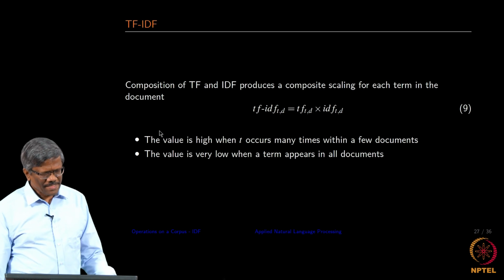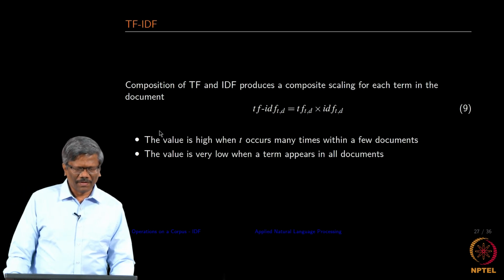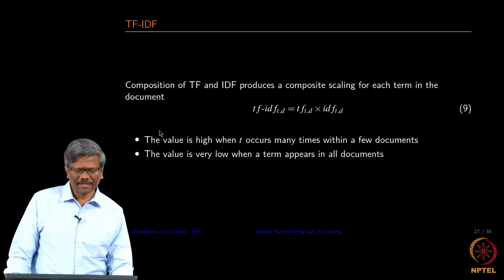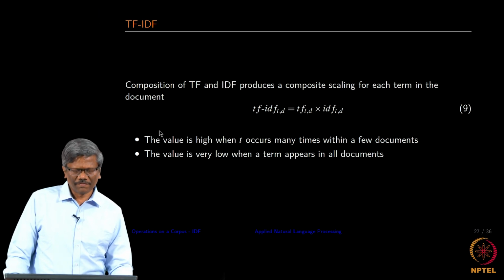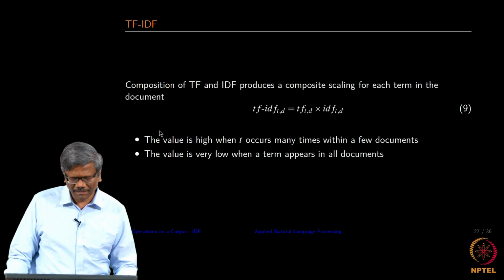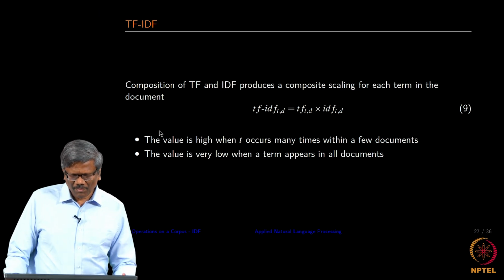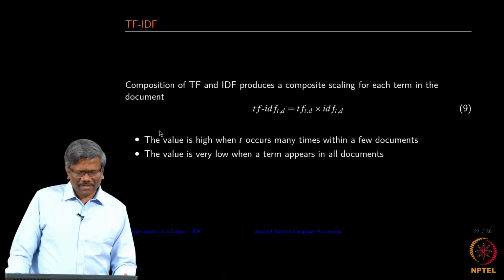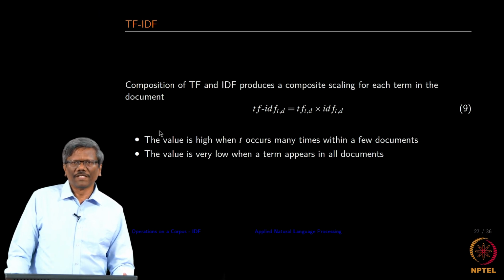Okay. So, as I mentioned earlier, we have to combine the TF and IDF. That is the ideal situation in many corpora. We will do the TF and IDF composition to find the value of a term. This is very commonly used in information retrieval.